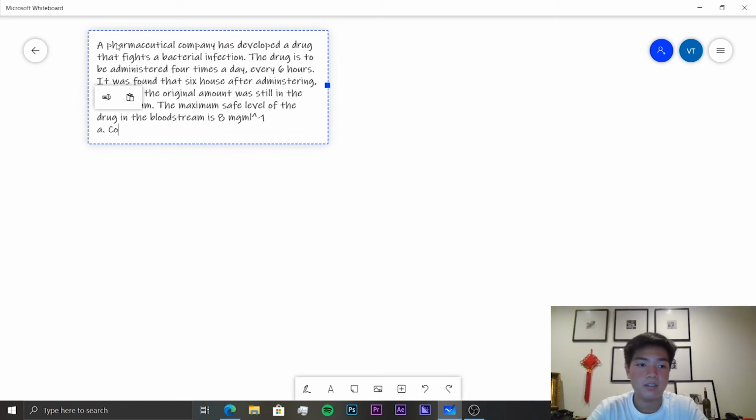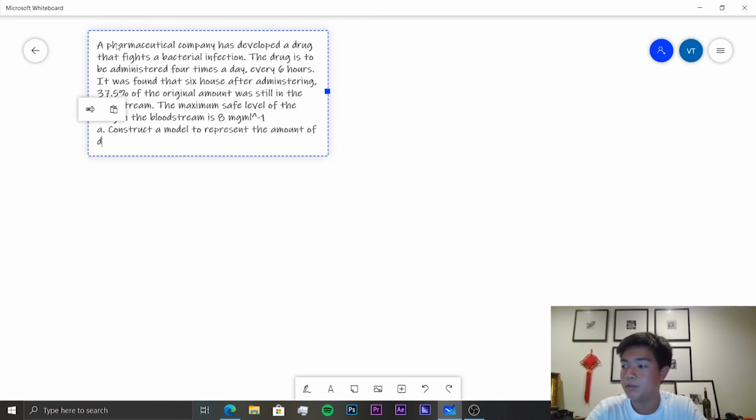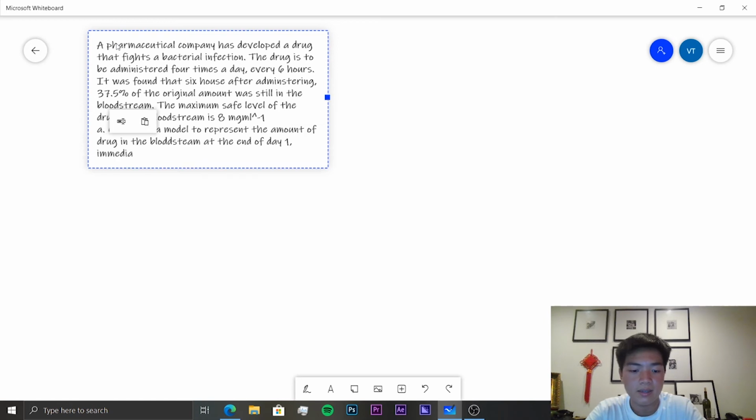So we want to construct a model to represent the amount of drug in the bloodstream at the end of day 1, immediately after the 4th administration.